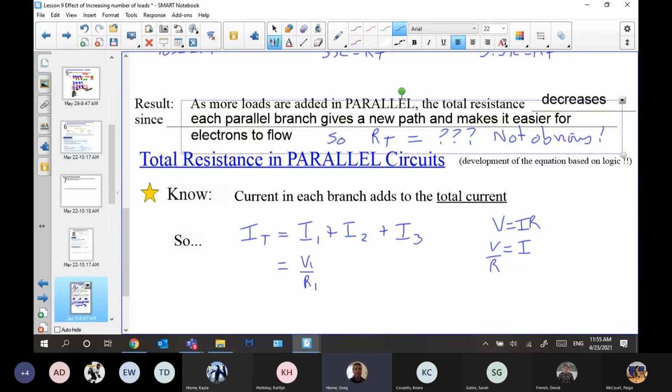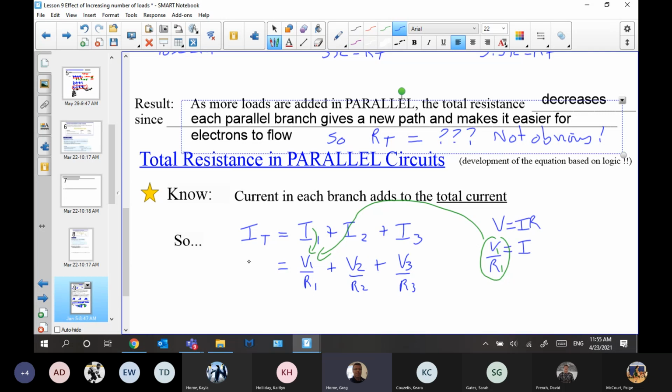So we're doing an Ohm's law substitution, that's getting substituted in for current number 1. Follow me there? It's because V1 over R1 is the same as I1, right? And then here, V2 over R2 is the same as I2. And V3 over R3 is the same as I3.